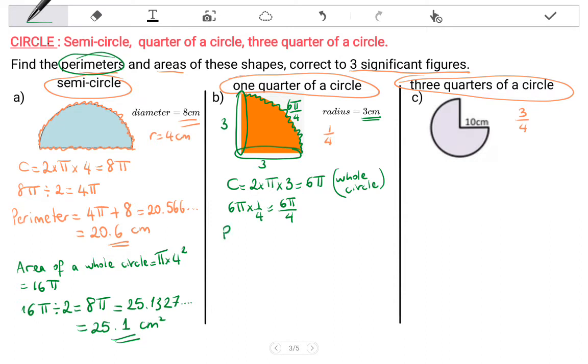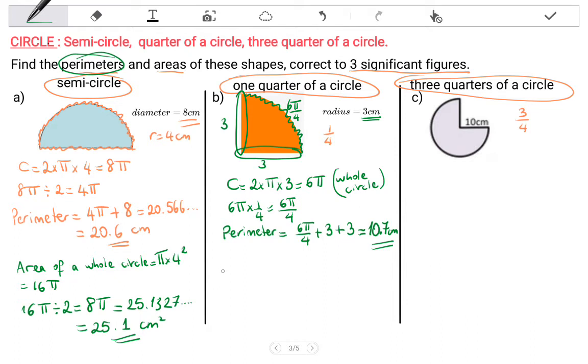Then the perimeter of this shape is going to be this length plus one radius 3 plus the other radius 3. When you press equal, you will have the decimal number, and you do approximation correct to 3 significant figures. So 10.7 centimeters is the perimeter of this 1/4 circle.